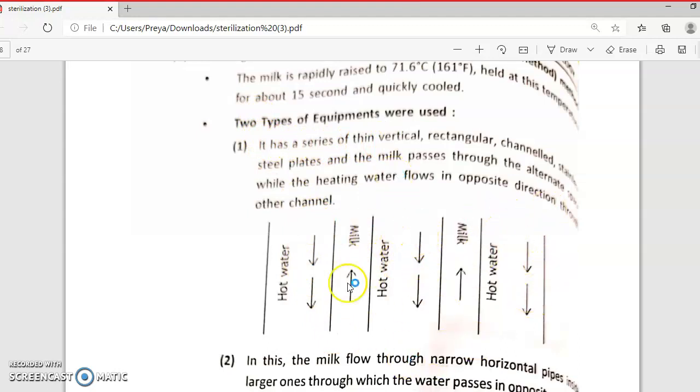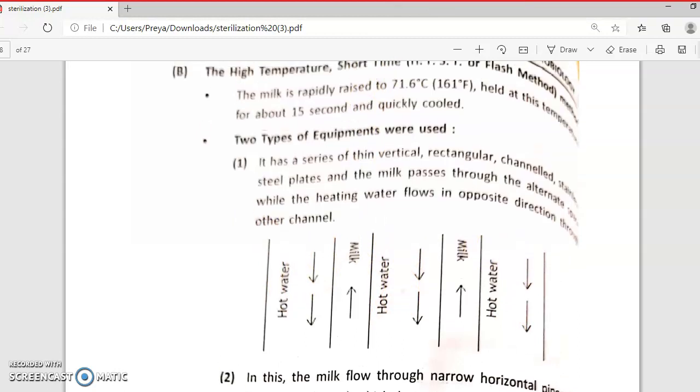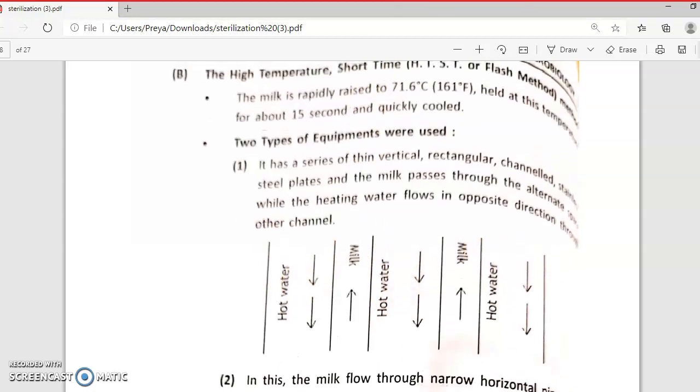Continuous pipings through which the milk constantly passes, and alternately hot water passes, right? So that immediately the temperature of the milk rises to 71.6 degrees centigrade, and it is held for 15 seconds, and then what do we pass next?